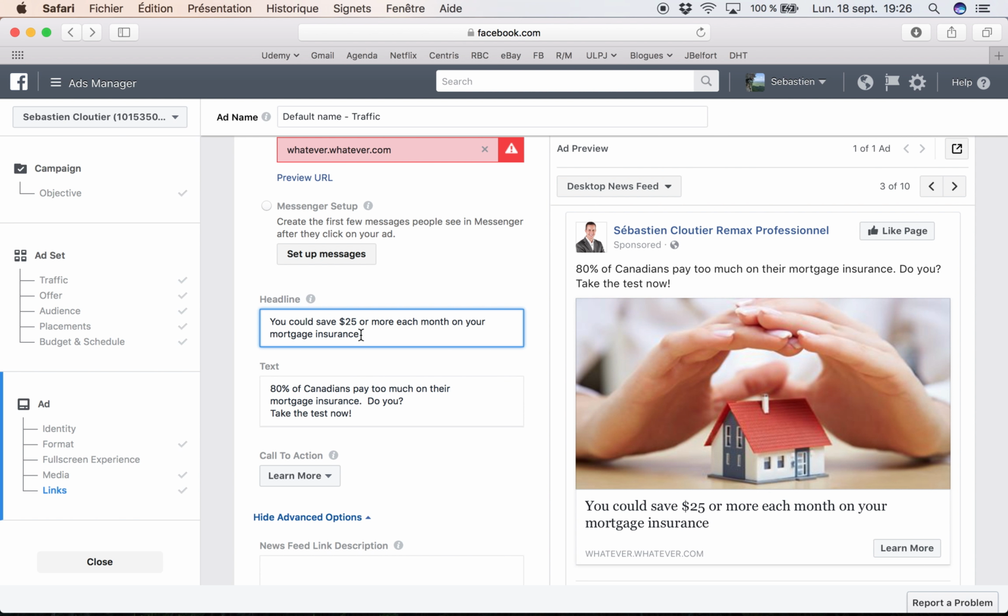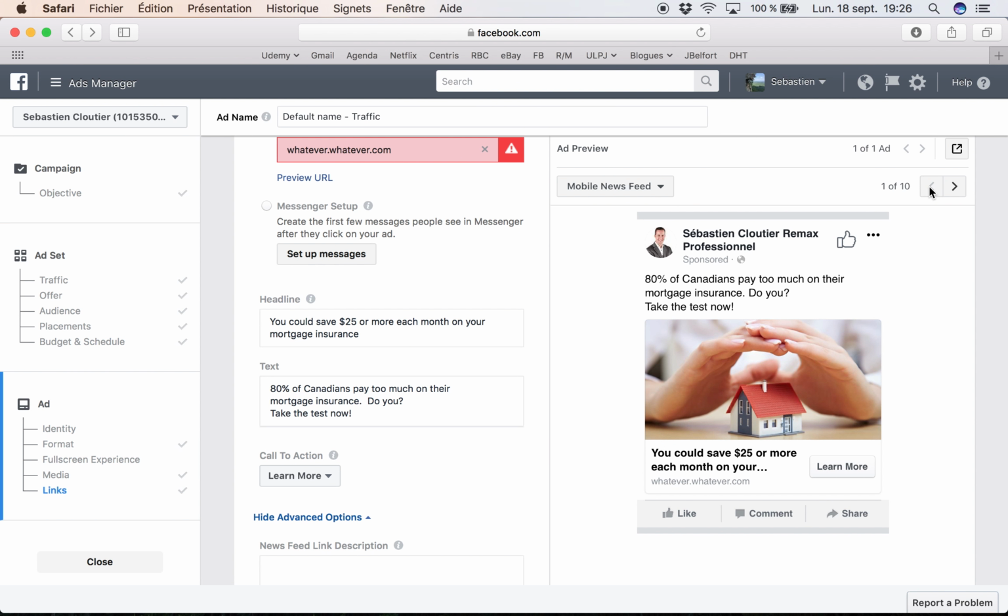I find that sentence a bit too long. It works well for the desktop newsfeed, but most people are going to go on Facebook on their mobile, their cell phone, and I can see right there that my sentence is not complete. So I don't like that as much.